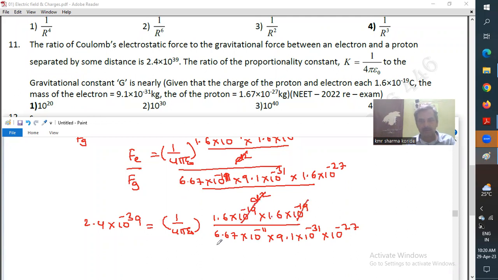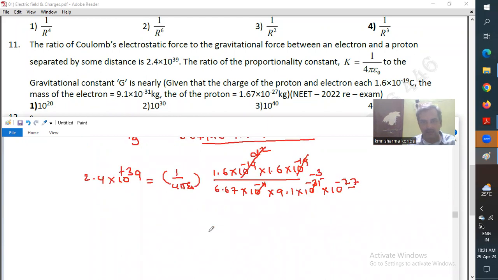So minus 38. Then we will get, this is plus 39. This is minus 38. Then there is 31 here, 31 and 11, so 42. So there will be minus 3 here. Then this is going to be 27, 30. Then all together the 1.6 can cancel.